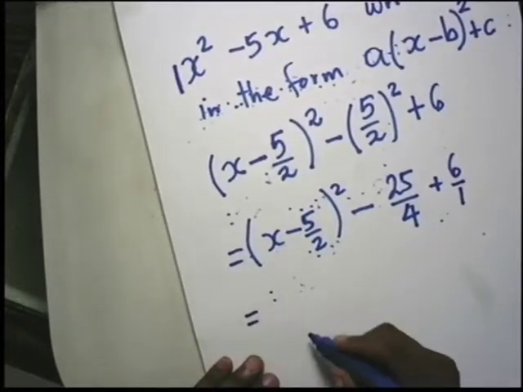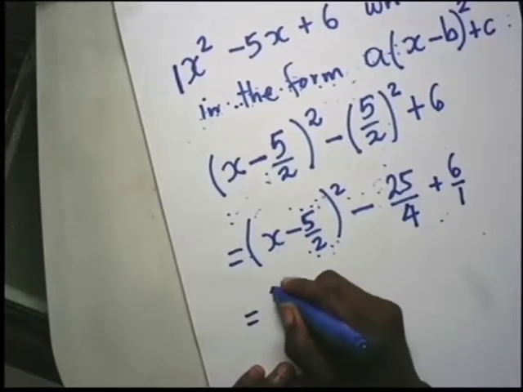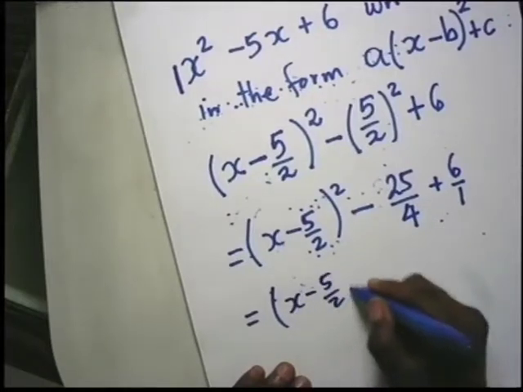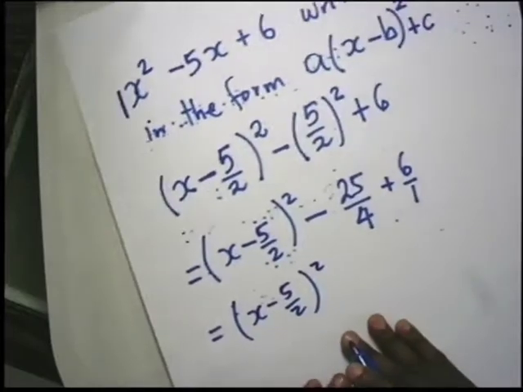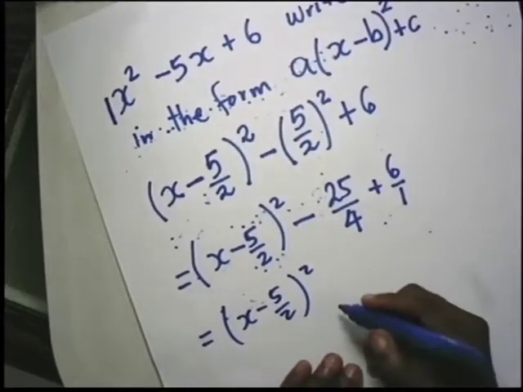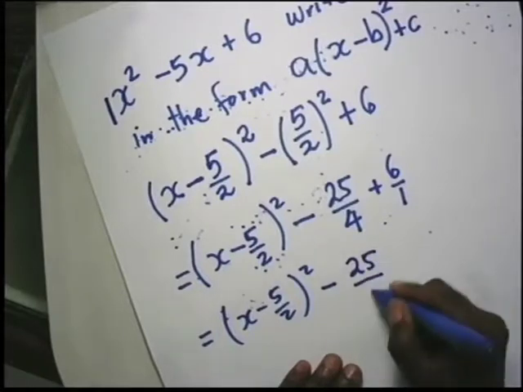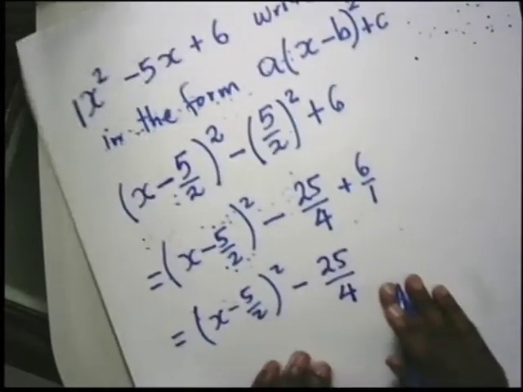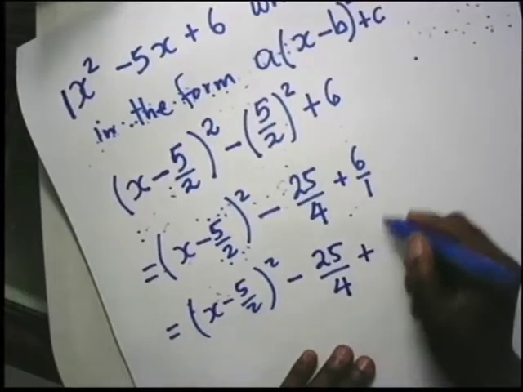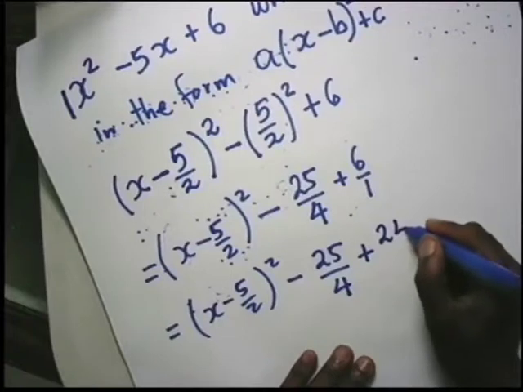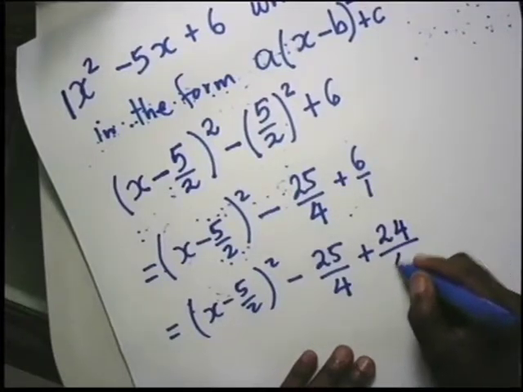Go further and say you have x minus 5 over 2 squared. Make the denominators the same. What do you have? You have 25 over 4 plus 6 multiplied by 4 is 24, and it's over 4.